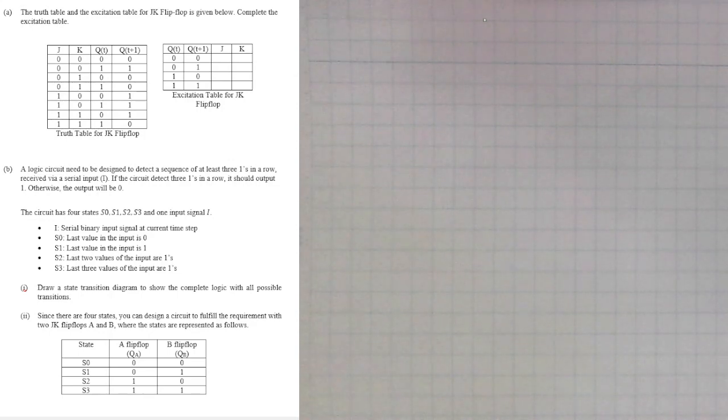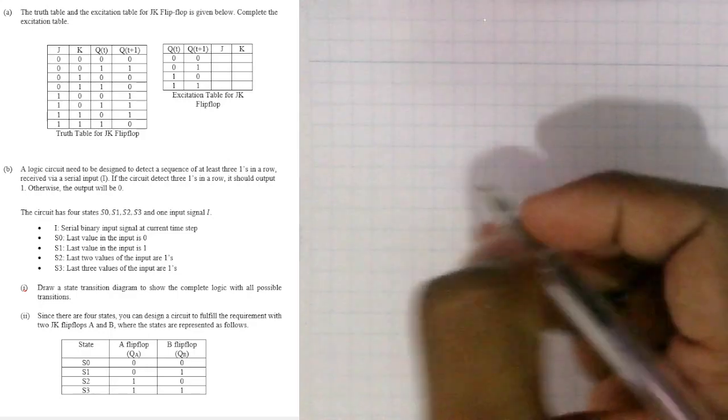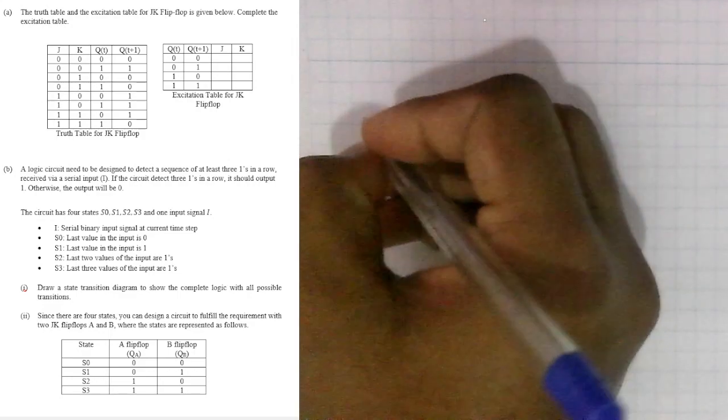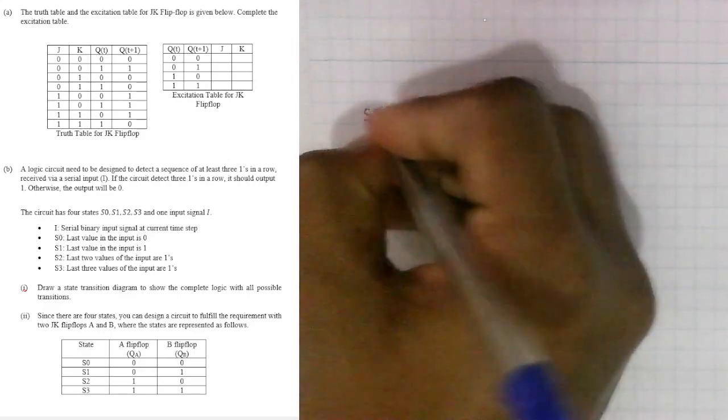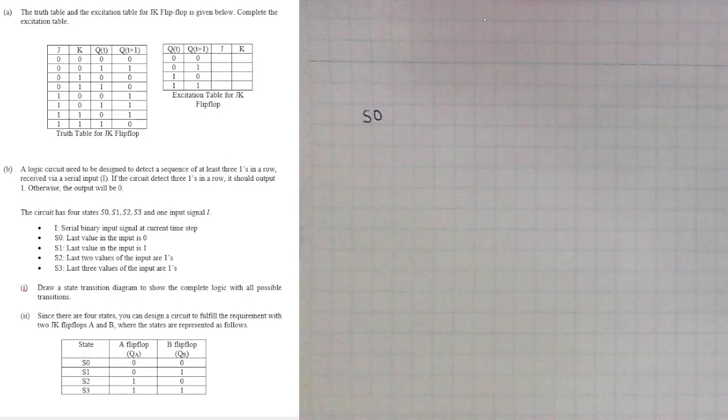If it is 0, then we will be in a state where the last value in the input is also 0, right? It makes sense, right? So S0 is where the input is 0, right?